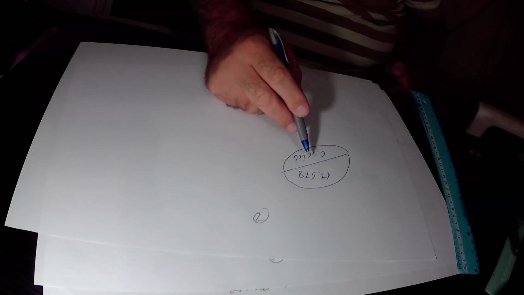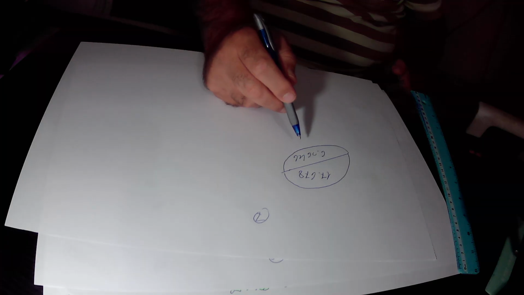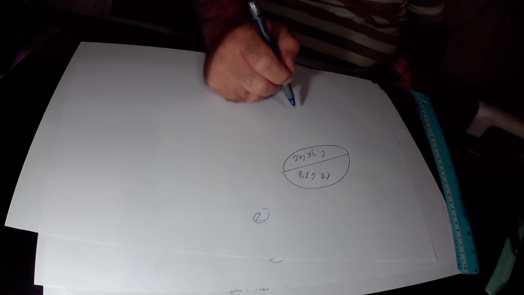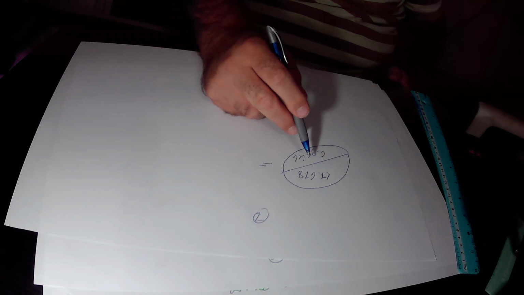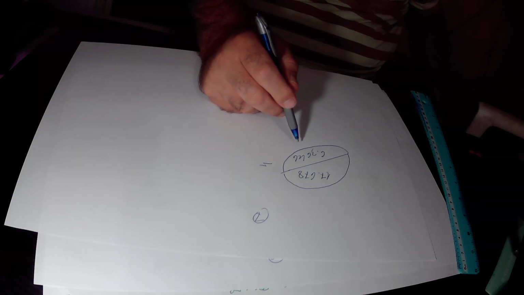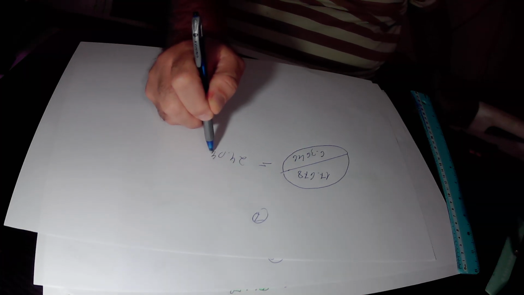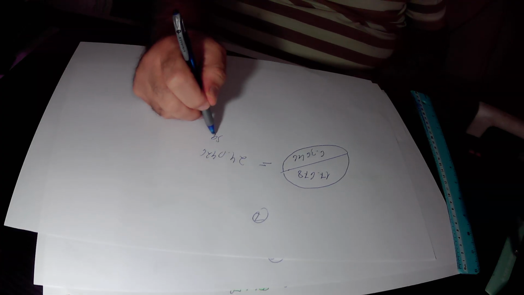This is 17.678 plus 6.3646, which is equal to 24.0426 square units in size. This is the answer to the question.